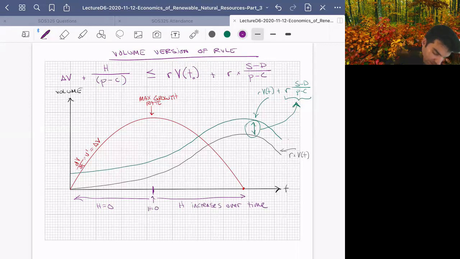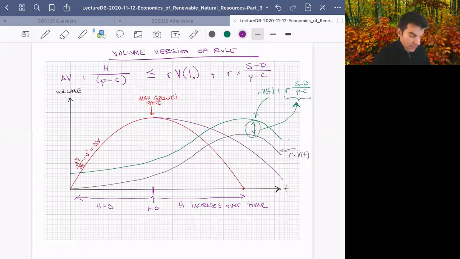So at this point, H is equal to 0. And if I then add on the H to the delta V, I get this sort of tail thing. So let's say it starts here, and I'm going to make it go down like that. And so this purple curve is the delta V plus H scaled by the cost of the timber.